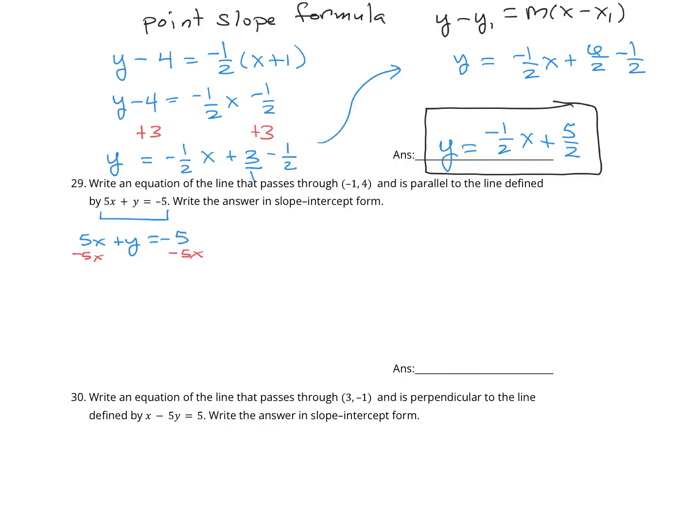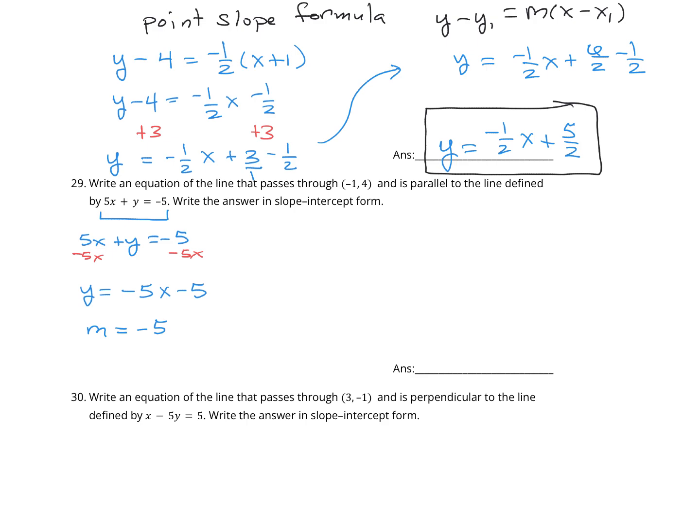You get y is equal to negative 5x minus 5. For this problem, it's a coincidence that both the slope and y-intercept are the same, but remember the slope is always the coefficient on the x, so the m that we want is negative 5.